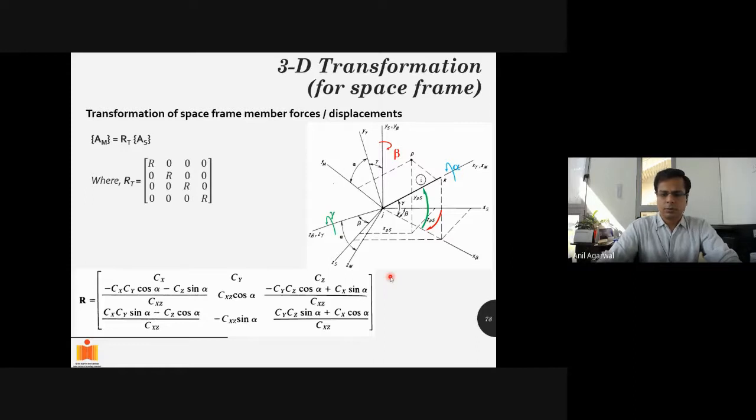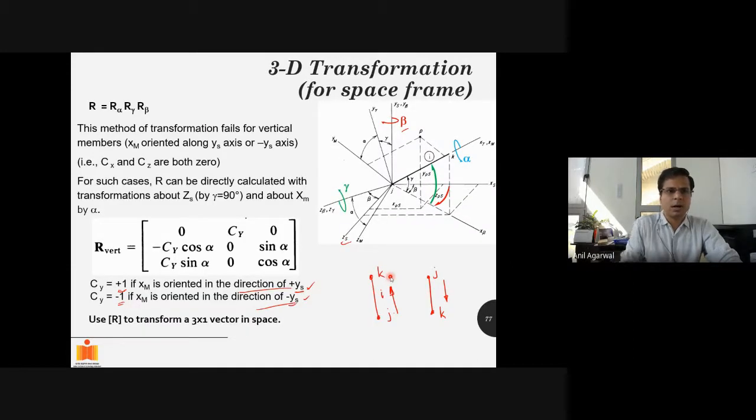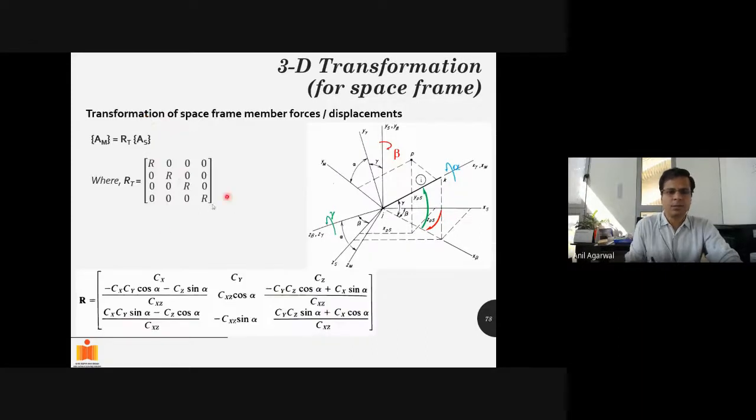Fine. So basically your R matrix, which is a multiplication of R alpha, R gamma, R beta, can be pre-multiplied already. I have multiplied these three matrices, and this is the net matrix of transformation. And that is only for a vector of what size? It will transform a vector of what size?